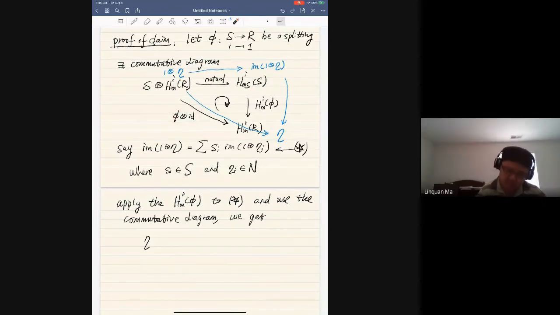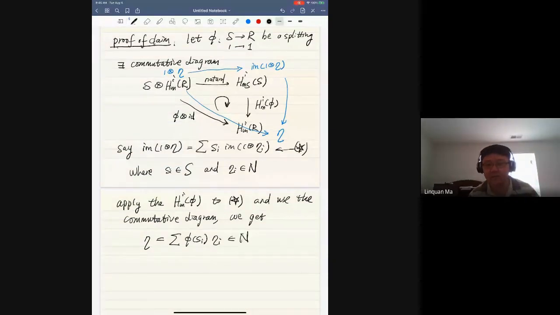So what I get is that eta equals the summation of phi of s_i tensor eta_i. But that's inside N, because each eta_i is inside N, and phi of s_i, I don't really care, it's some element inside R. Okay?